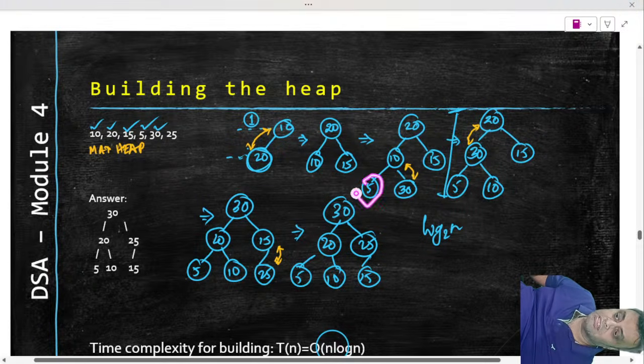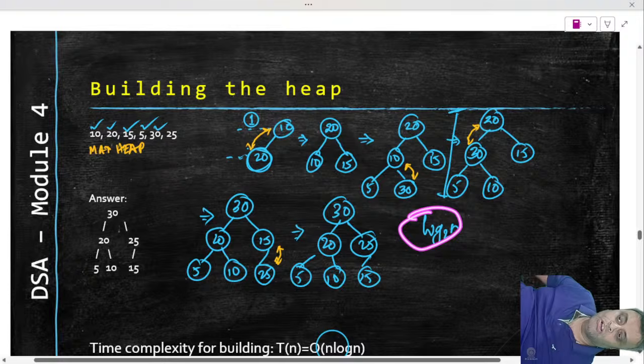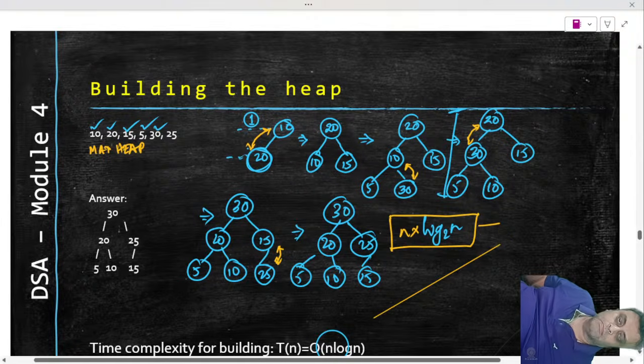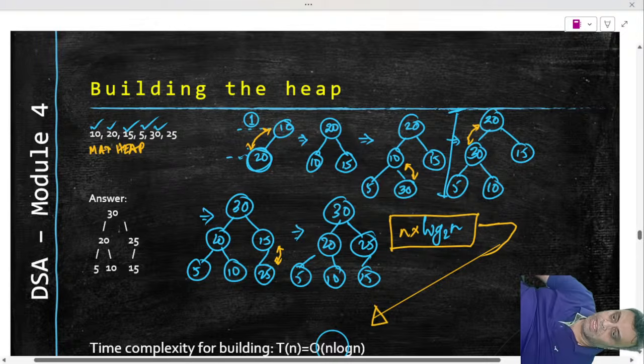In case this 5 was something else, then this also had to go like this. So if every node has to do log base 2 of n, then we are going to say n multiplied by log base 2 of n, because there are n nodes, is the total complexity of building a particular heap. The heapification process by insertion logic will take n log n. So that is building the heap.